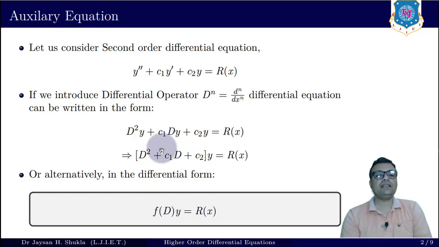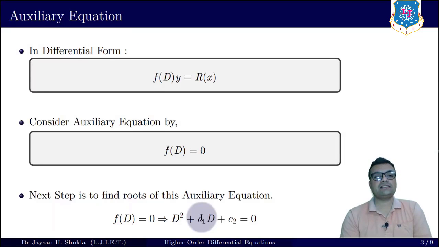Now, on the left hand side, I can take y outside the bracket, which gives (D square plus c1D plus c2) times y equals r of x. This is the common practice for all higher order differential equations, and it gives the general form in differential operator: f of D y equals r of x.